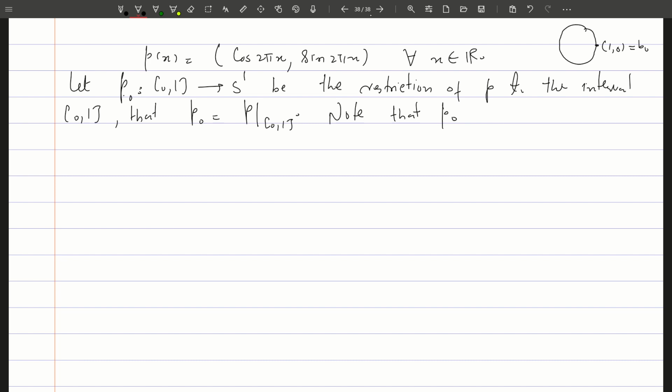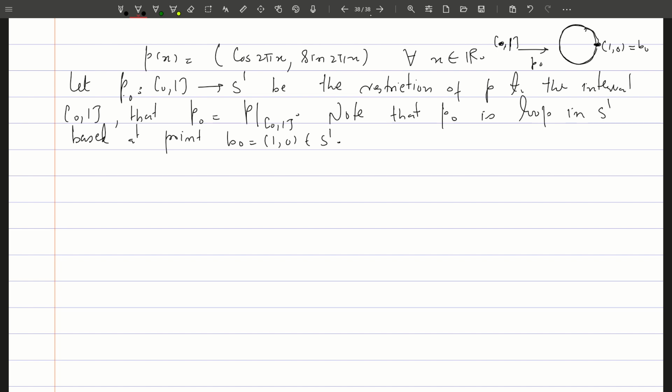So this loop P naught starts at this point and ends at this point, because P naught is a map from interval 0 1 to S1, and when you put the point 0, you get B naught, and when we put the point 1, we again get the point B naught. So this is a loop. So note that P naught is a loop in S1 based at point B naught, which is the point 1 comma 0 in S1.